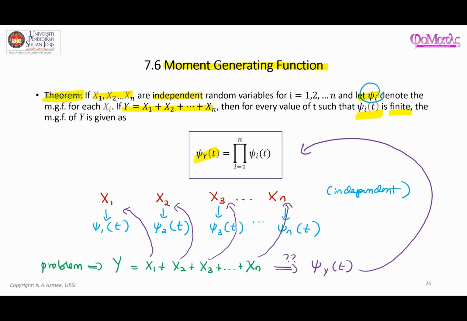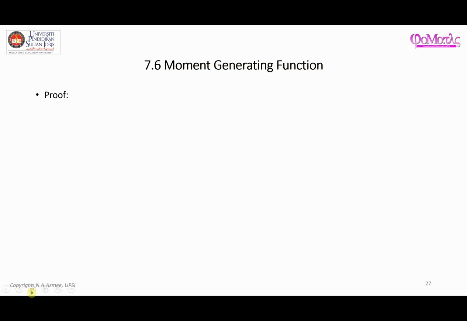Now I'm just going to prove that the statement given here is true. In order to prove it, it is very simple. We will start off with the starting point of finding the MGF for y, and we all know what the starting point is. It is just the expectation of e to the t y, and you are just going to replace y with the representation given.